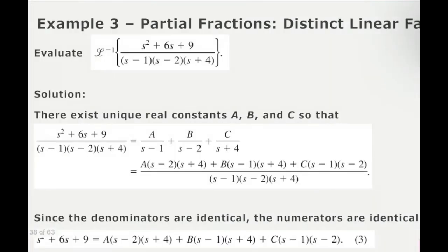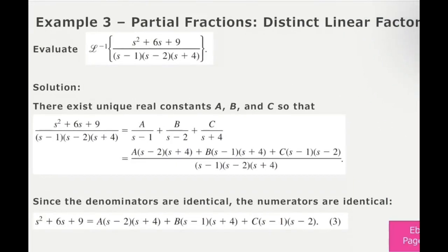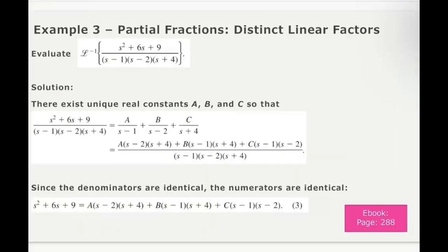For example, let's see the partial fraction of this example number 3. Evaluate the inverse Laplace transform of s squared plus 6s plus 9 over s minus 1, s minus 2, s plus 4.